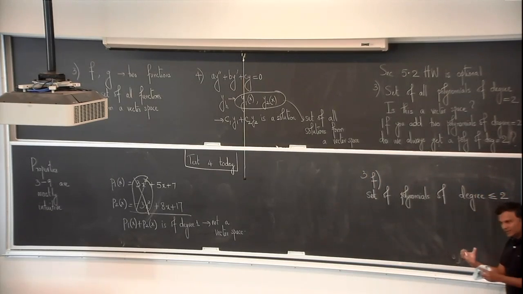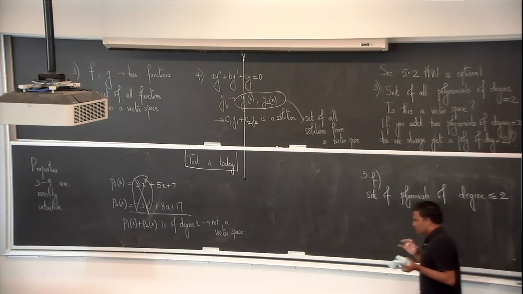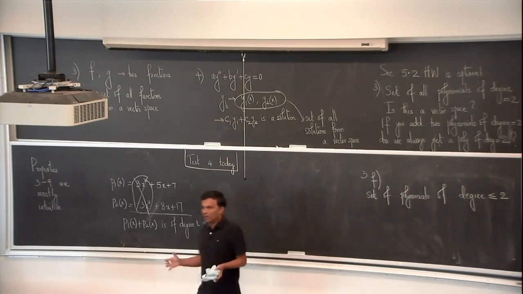Now the condition is relaxed. I'm not insisting that the polynomial should have a degree equal to 2. It could be degree 1, degree 0.